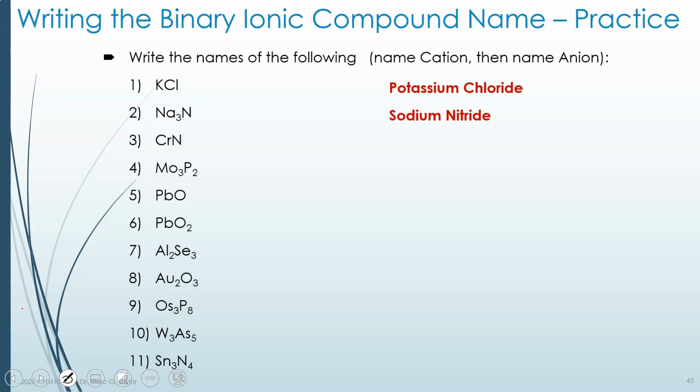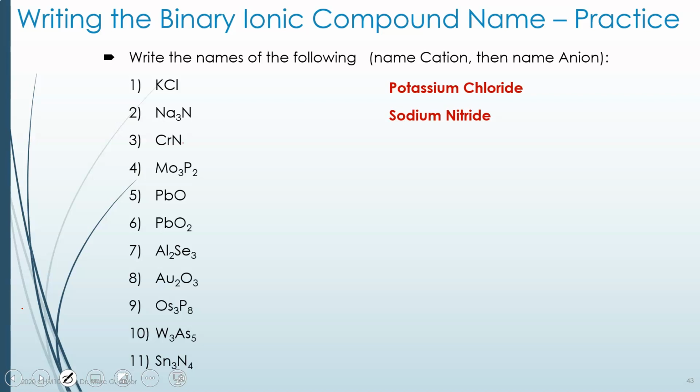So I'm going to clear these and just show you the first couple answers. The next one, you know it has a chromium in the beginning of the name and a nitride in the end. The trick is, do I need a Roman numeral? And if I do, what is it? Well, chromium comes in many different versions. Chromium can be neutral, of course, all metals can be neutral. But if it's an ion, if it's a cation, it could be +2, +3, +6, and probably several others.